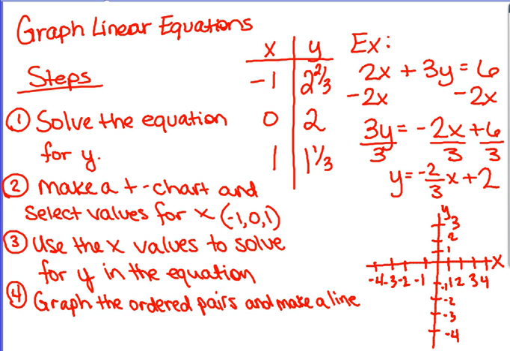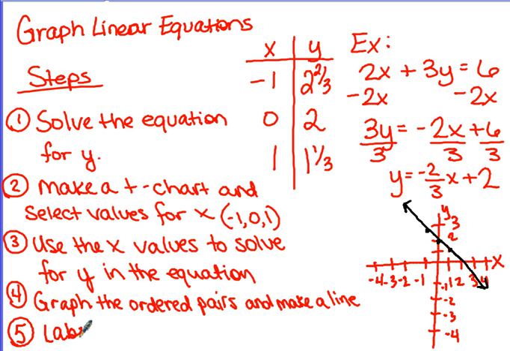All right, so we want to graph these ordered pairs. First one we have negative 1 and 2 2/3. There's the first. 0, 2. Then we have 1 and 1 1/3. All right, so there are our dots. We go ahead and connect them to make our line. And finally, step 5 is to label the line.